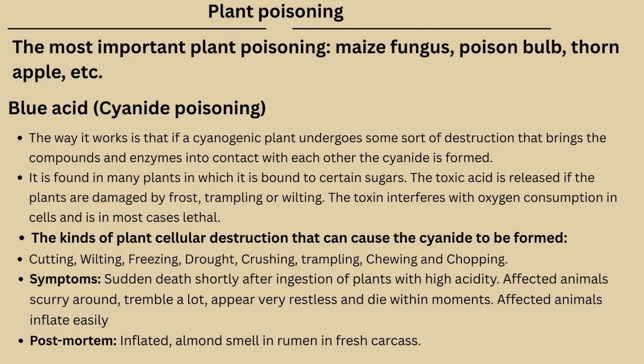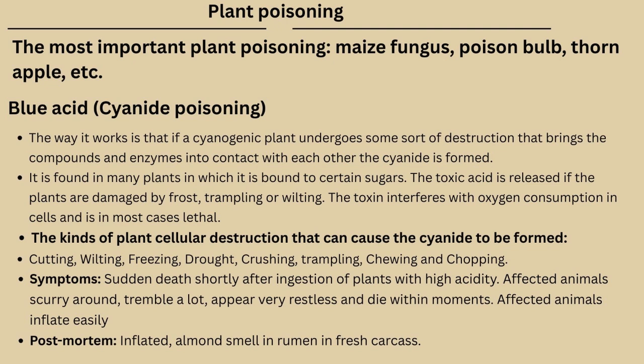The way it works is that if a cyanogenic plant undergoes some sort of destruction that brings the compounds and enzymes into contact with each other, the cyanide is formed. It is found in many plants in which it is bound to certain sugars. The toxic acid is released if the plants are damaged by frost, trampling or wilting.